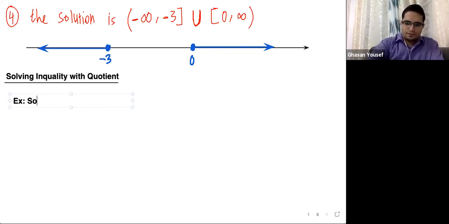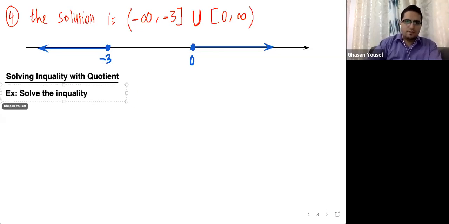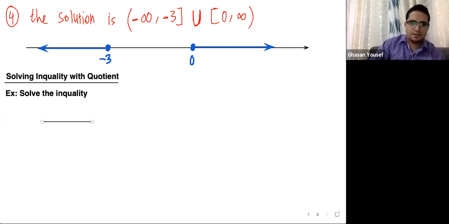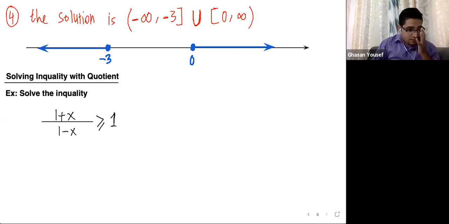So the example here: solve the inequality 1 plus x over 1 minus x is greater than or equal to 1. We have steps here, like before.